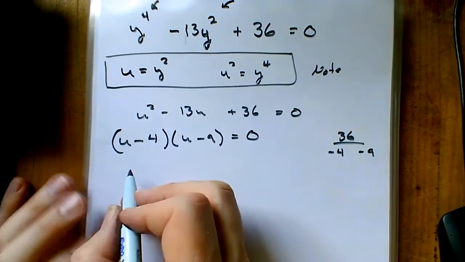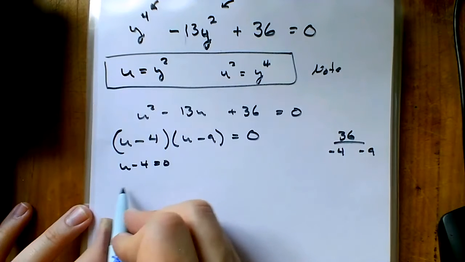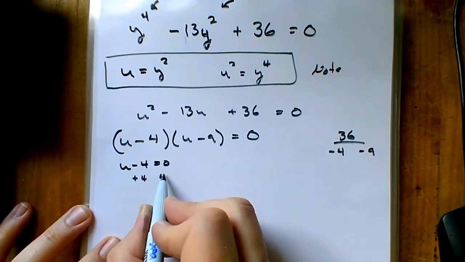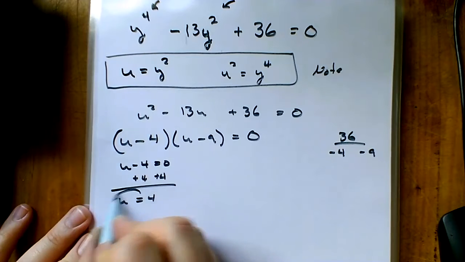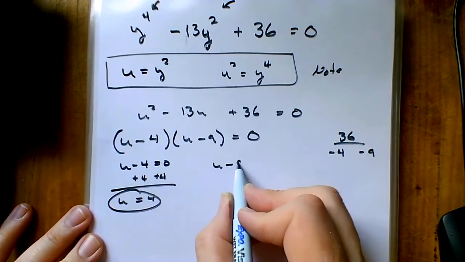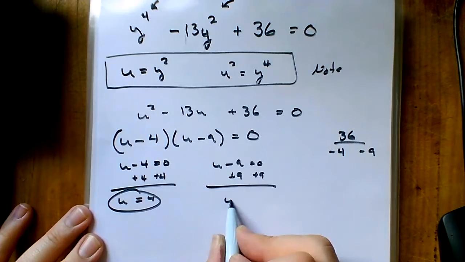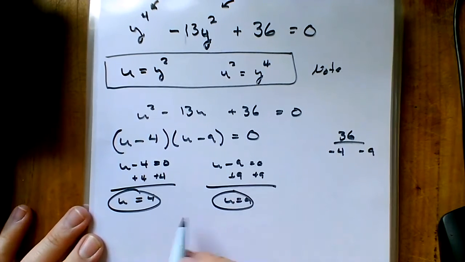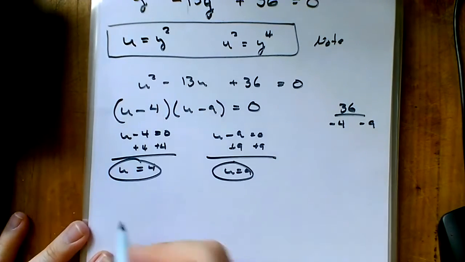So now I've got u minus 4 equals 0, gives me u equals 4, or u minus 9 equals 0, gives me u equals 9. So this is my intermediate solve. And then I can, once again, back substitute.